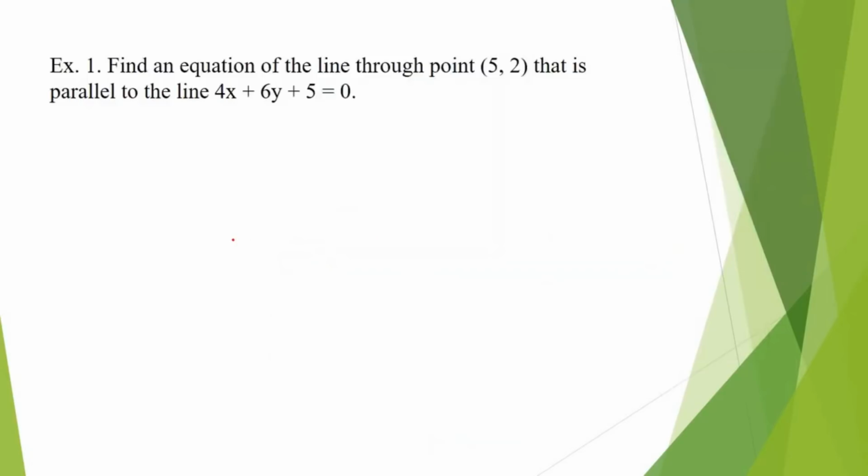Okay, let's have our first illustrative example. Number 1. Find an equation of the line through point 5 and 2 that is parallel to the line 4x plus 6y plus 5 is equal to 0. Now notice that the given equation of the line is in the general form.